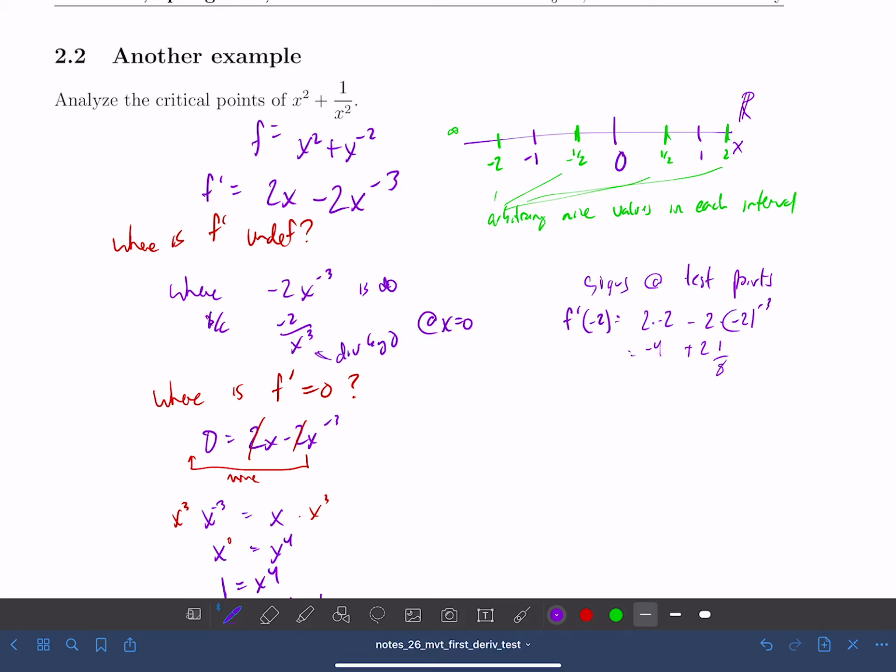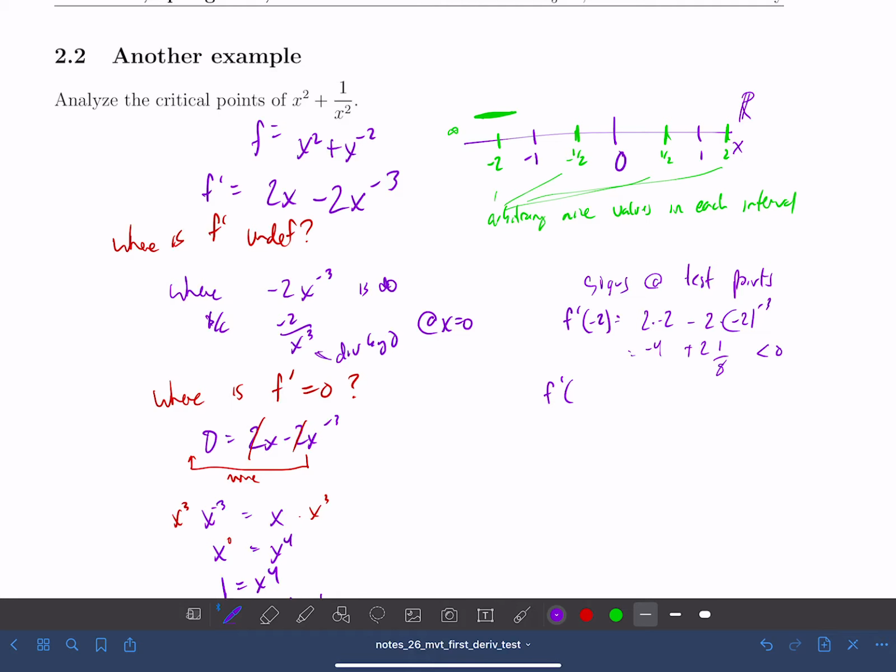And that's got a minus, so that's plus. Okay, that's less than 0, because that's just a quarter, and -4 plus a quarter is still going to be negative. So we'll label this interval with a big minus.